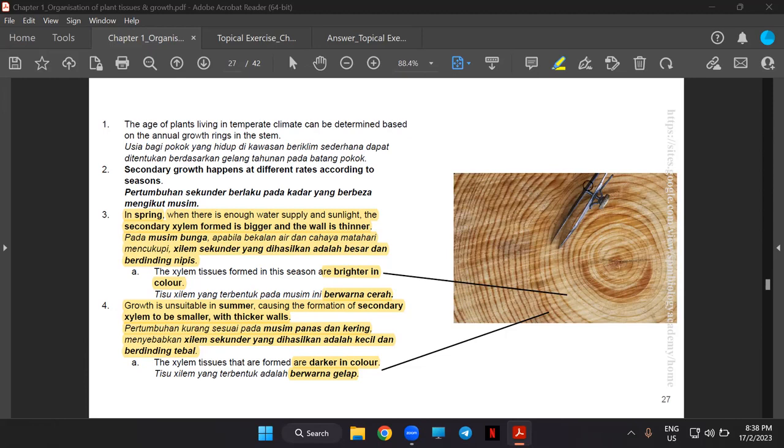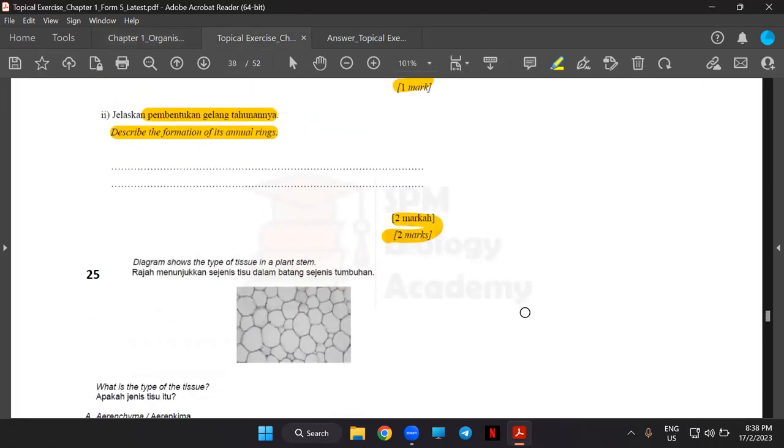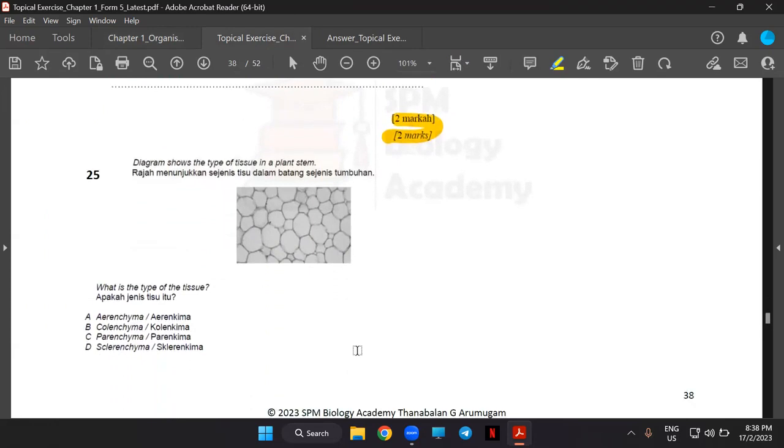Okey, baik, kita bergerak ke soalan seterusnya. Alright. 25. Diagram show the type of tissue in a plant stem. Rajah menunjukkan sejenis tisu dalam batang sejenis tumbuhan. Okay. What is the type of the tissue? Apakah jenis tisu itu?